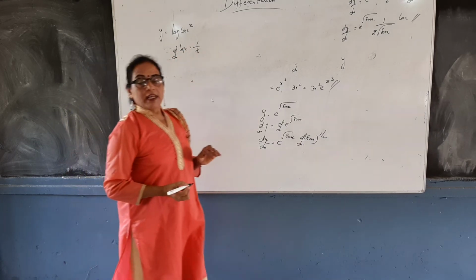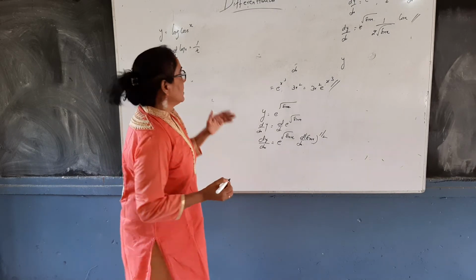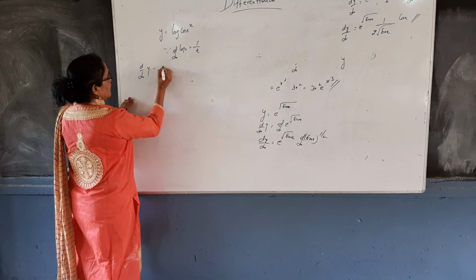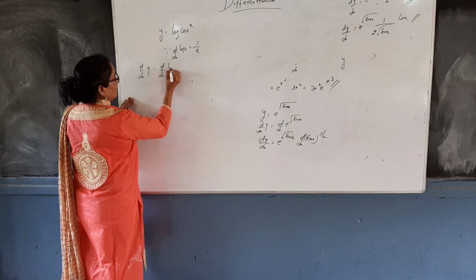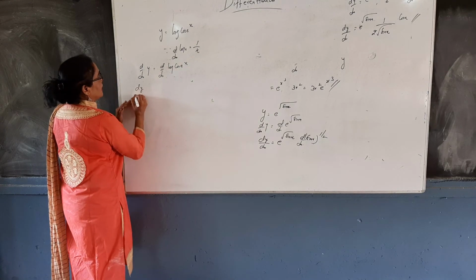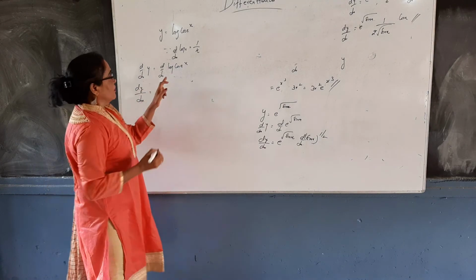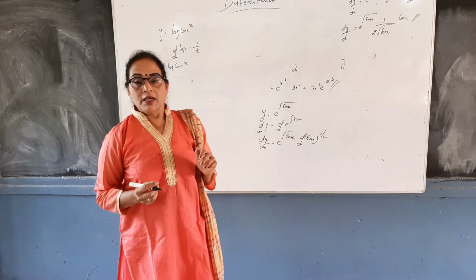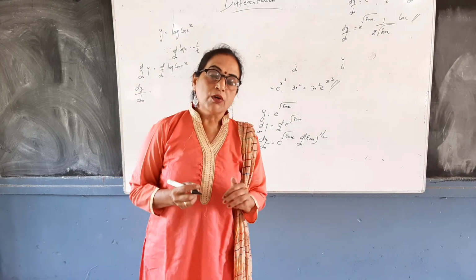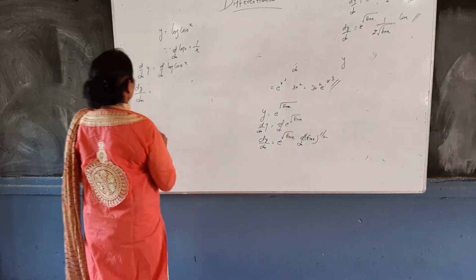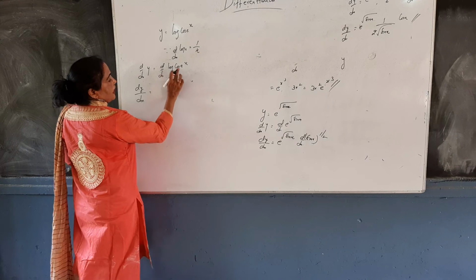Since we know that d by dx of log x is 1 by x, so differentiate it. So d by dx of y equal to d by dx of log cos e to the x. So here we will get dy by dx equal to, now log cos e to the x is given, so cos e to the x we will suppose is our x. So here we will get log x means 1 by x.